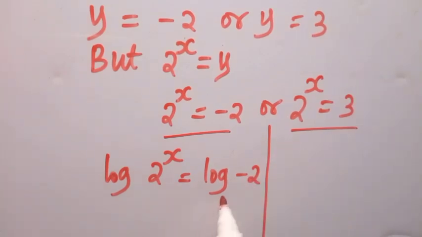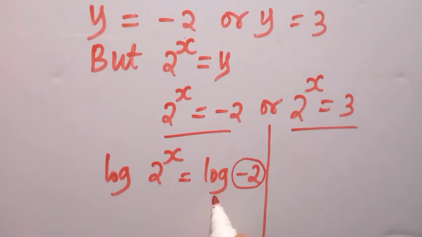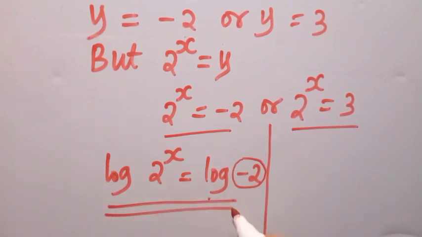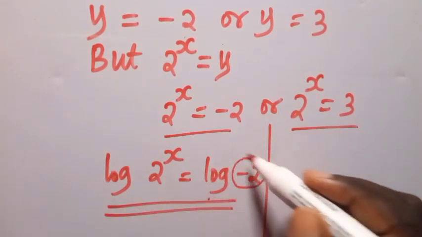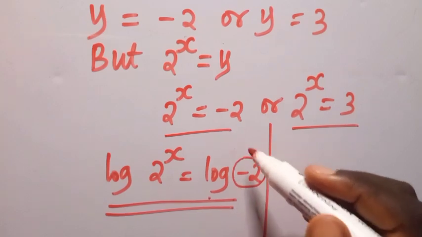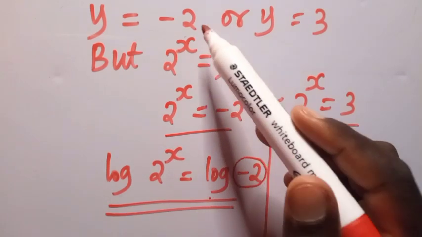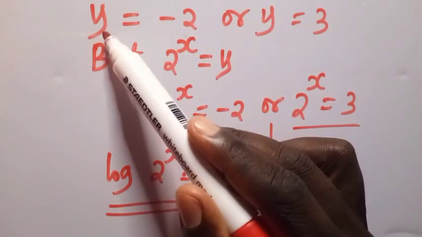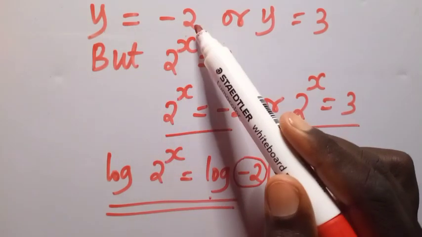And since this one is negative, you cannot find the logarithm of a negative number. And therefore, we ignore this one, because it is not possible to find the logarithm of a negative number. And therefore, we ignore the value of y as negative 2.